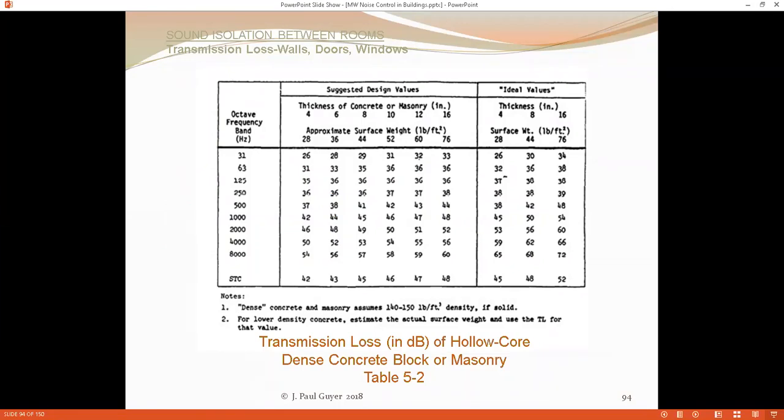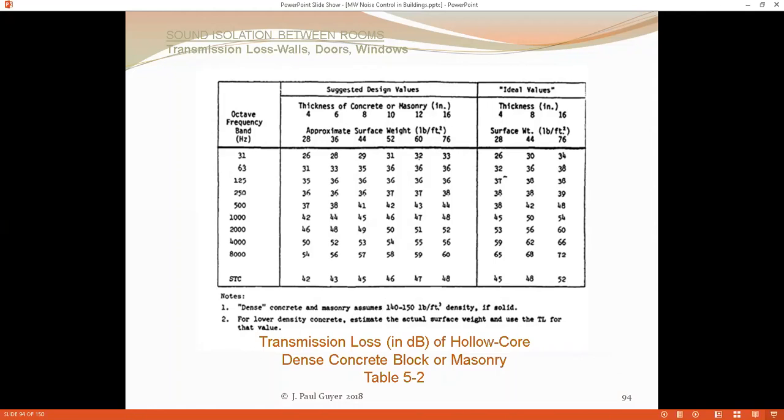You see that at low frequencies, 31 hertz, and for various thicknesses, like an 8-inch concrete block wall at 31 hertz has a transmission loss of 29 decibels. At 8,000, it has a transmission loss of 57.